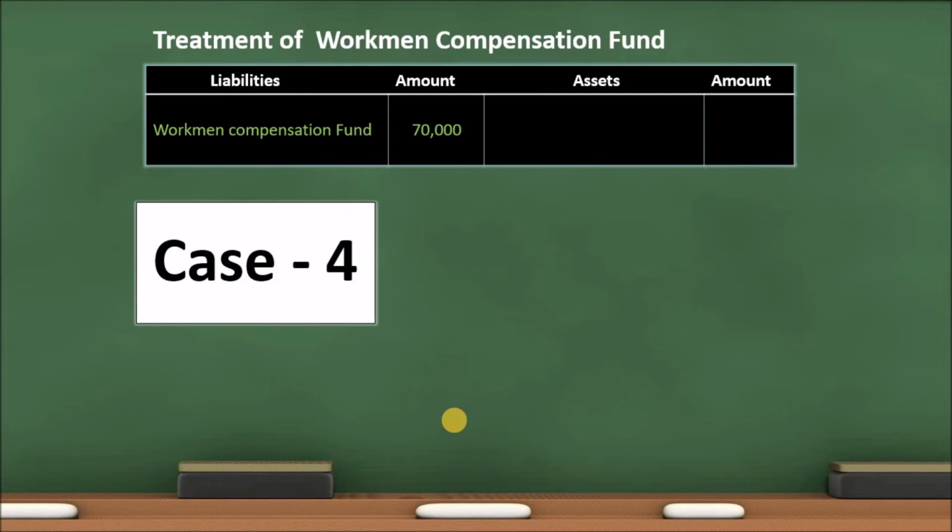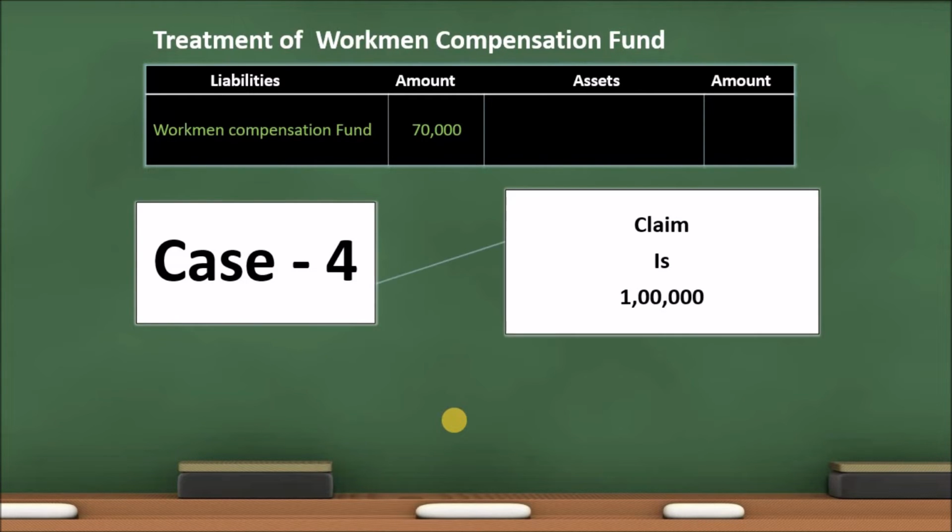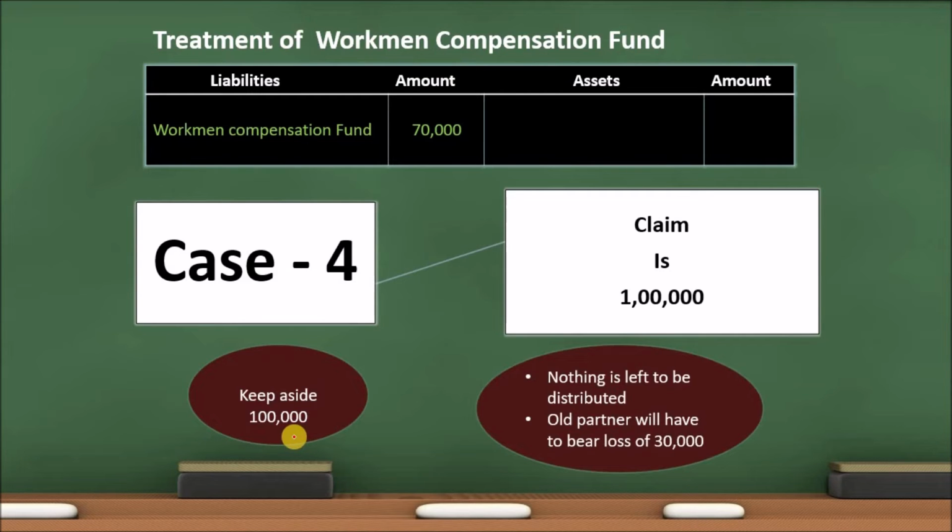Now come to case 4. Case 4 is when the claim is more than the fund which we have. It can happen that due to some injury or some accident, the claim amount is very high and you don't have enough fund. In that case we have to keep our liability as 1 lakh, although we have only 70,000, because we have to keep aside 1 lakh to be paid to our workers as compensation.